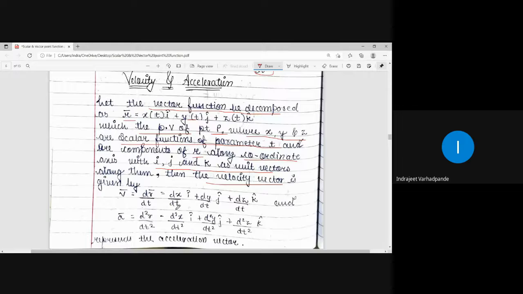Then the velocity vector is given by v bar is equal to dr bar by dt, which is dx by dt i plus dy by dt j plus dz by dt k, and a bar is d2r by dt square, which is equal to d2x by dt square i plus d2y by dt square j plus d2z by dt square k, which represents the acceleration vector. dr bar by dt is nothing but velocity.